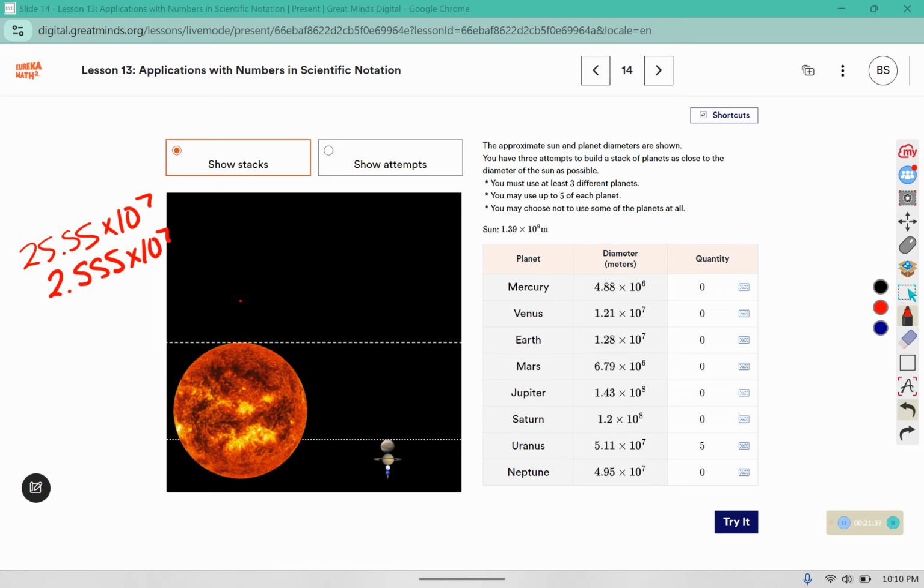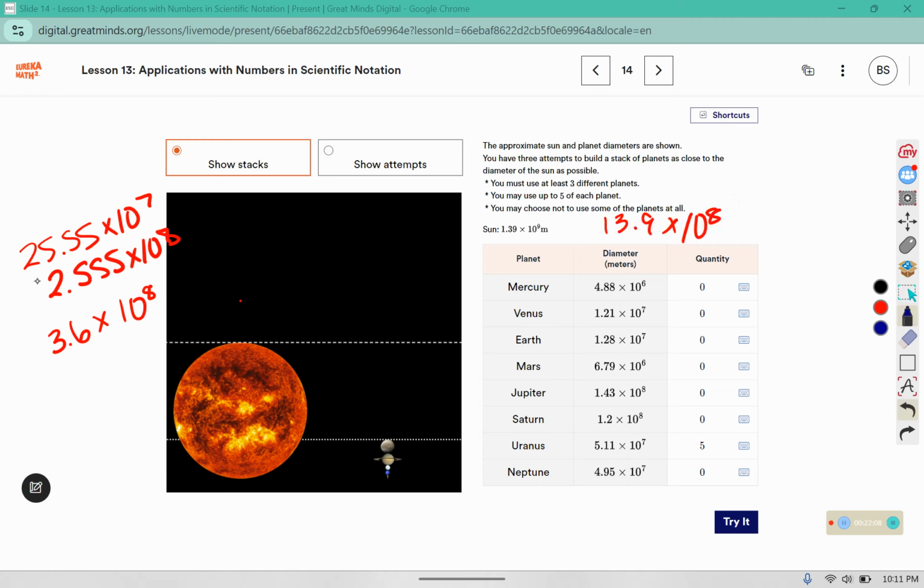Let's go with 3. 3 Saturns would be 3.6 times 10 to the 8th. I didn't change the exponent on that one. And another way that I could write this is 13.9 times 10 to the 8th.